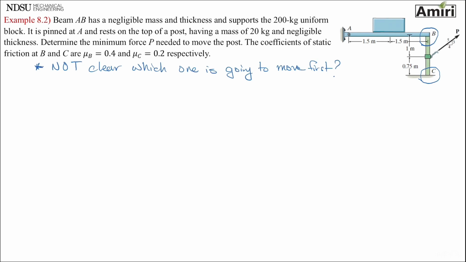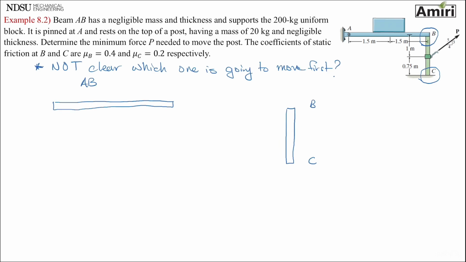Okay, so let's start with the free body diagram. I will divide this into 2 members. So this kind of looks like a frame. One is AB, the other one is BC.